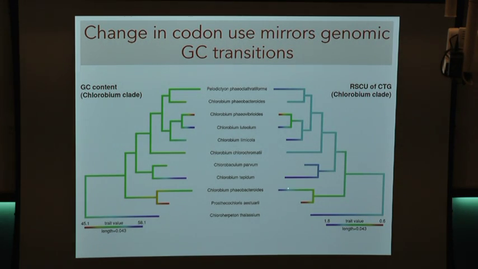You see that these match up fairly well, but not always. Right? So here's increased GC content on this branch, and you have a relative increase in the use of CTG, which is a G-rich codon. As you have a decrease in the GC content in the genome, you have less CTG being used, and the alternative A-rich codon is being used more. So we want to go and quantify each of these instances where there are matches and where there aren't matches, and ask, is there a nice and tight correlation at this level?